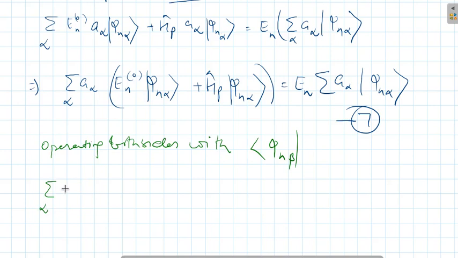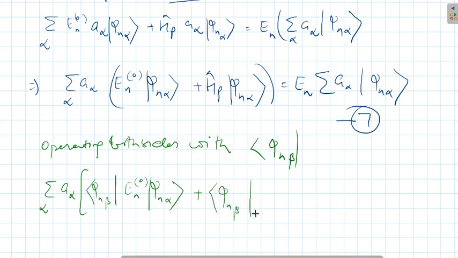Summation over alpha A alpha, phi n beta En naught phi n alpha plus phi n beta HP phi n alpha, right?